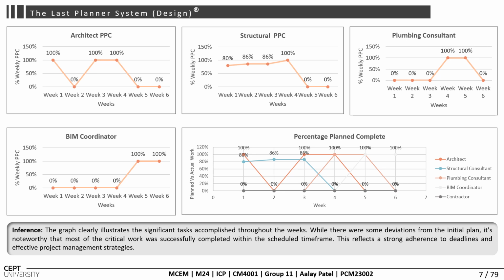While there are some deviations from the initial plan, the majority of critical tasks were successfully completed within the time frame, and the graph clearly illustrates the significant accomplishments throughout the week. This reflects strong adherence to the studio timelines and deadlines for effective project management strategies.